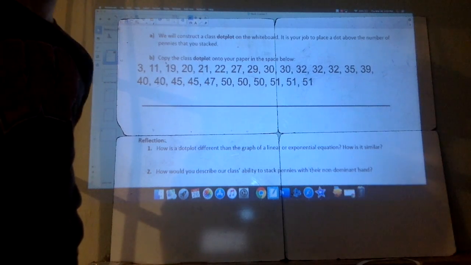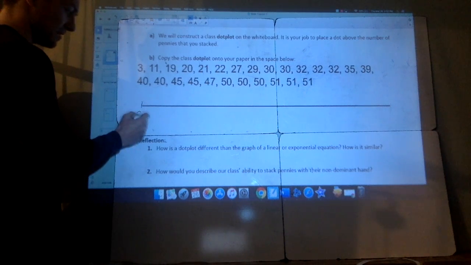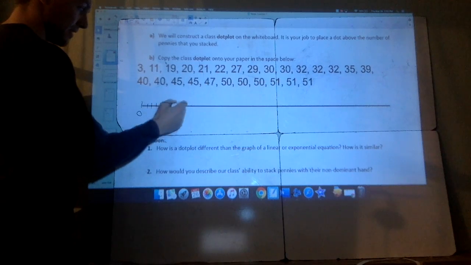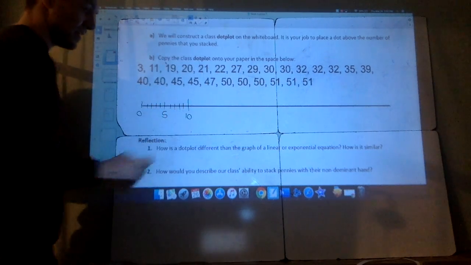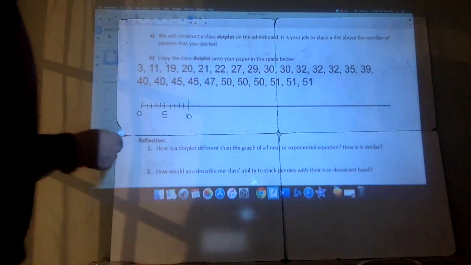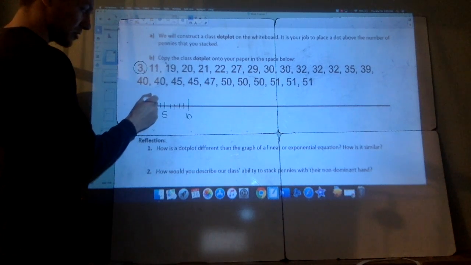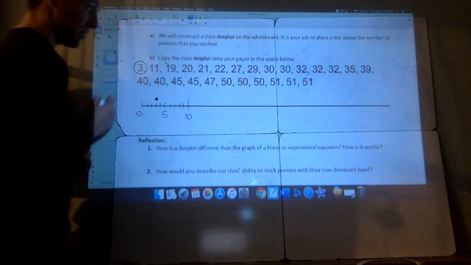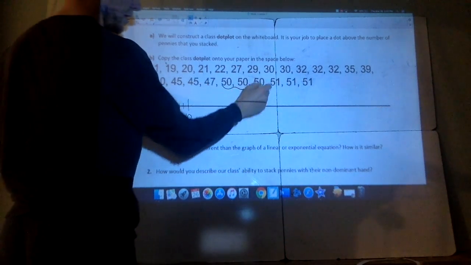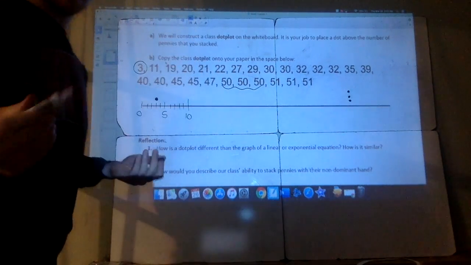So what we're going to create first is a dot plot. Now what a dot plot is: we have 0, 1, 2, 3, 4, 5, 6, 7, 8, 9, 10, and you're going to make that number line all the way to your biggest number, and you're going to put, for example, this 3 is going to go over, there's going to be 1 dot above a 3. If there's multiple, like above 50, you would put 1, 2, 3 dots over it.